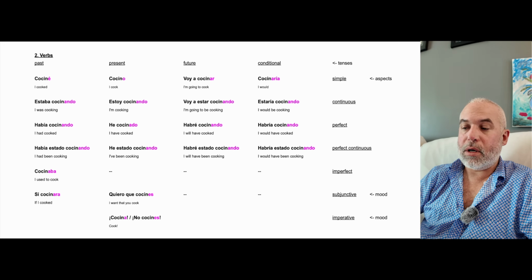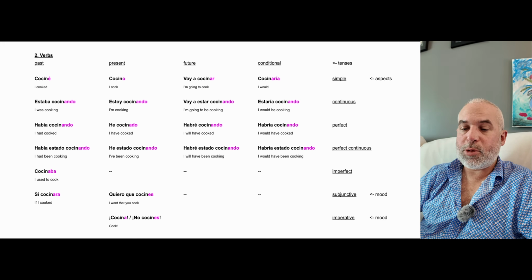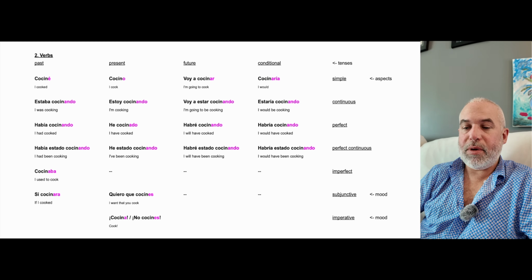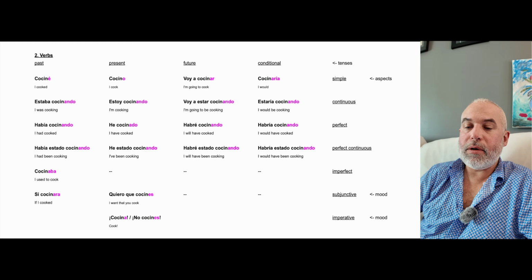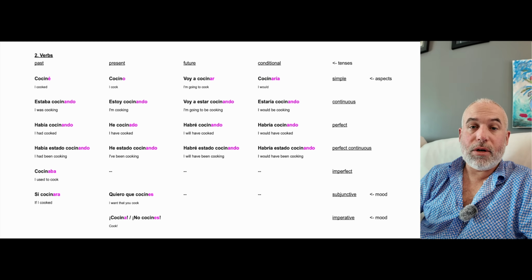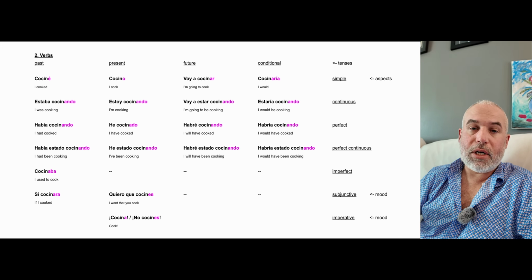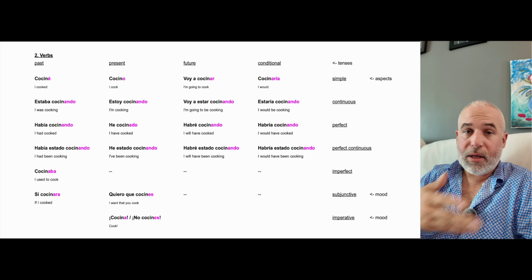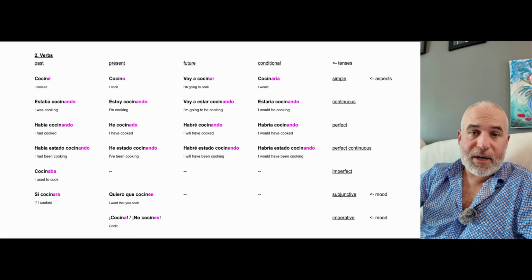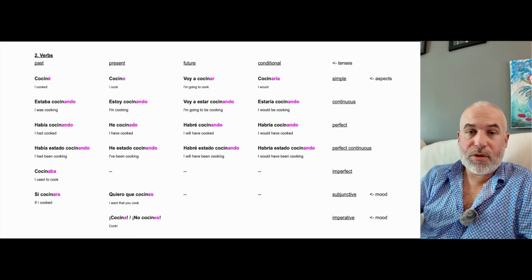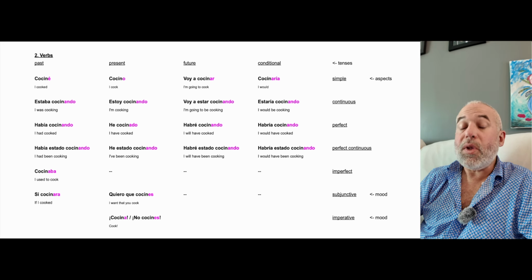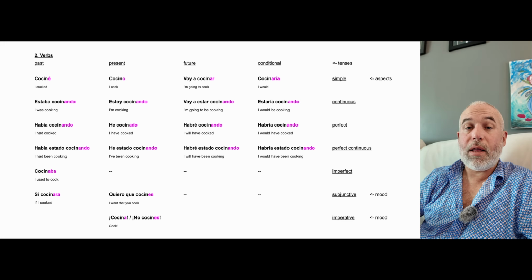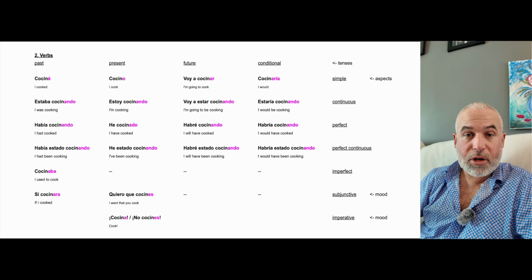Estaría cocinando, okay? Move down to the perfect aspect, meaning something has happened, has been done, okay? I had cooked already, había cocinado already like 10 trays, and then I find out more people are coming. I have done this. He cocinado. Have you ever cooked for 100 people?